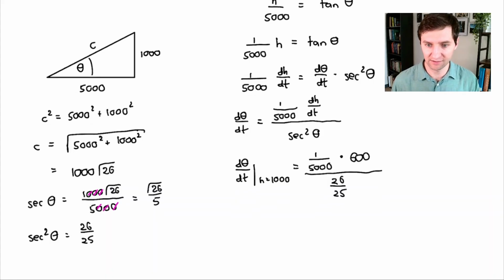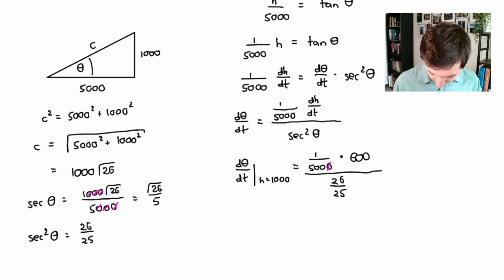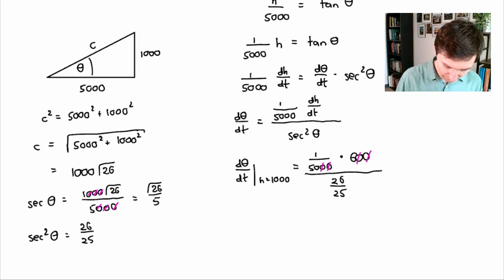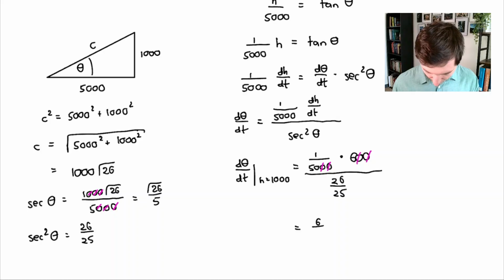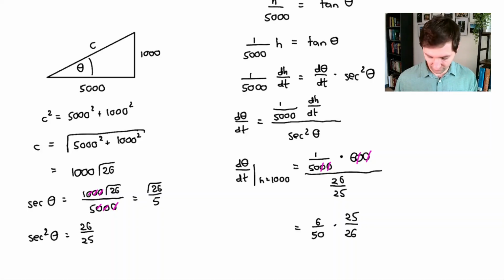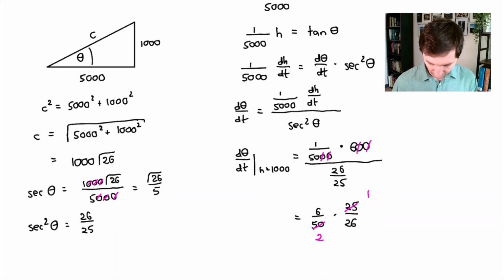Dividing by 26 over 25 is the same thing as multiplying by 25 over 26, multiplying by the reciprocal. What's more, a few zeros here cancel, which gives me 6 over 50 times 25 over 26. I can now simplify 25 and 50, that gives me 1, that gives me 2, and I can also simplify 6 and 2. That gives me 3, that gives me 1. So I get 3 over 26.